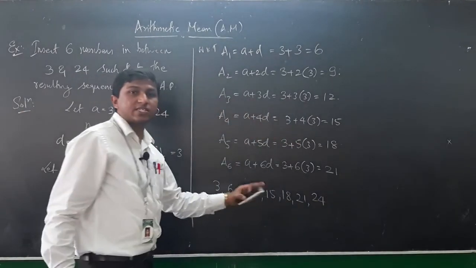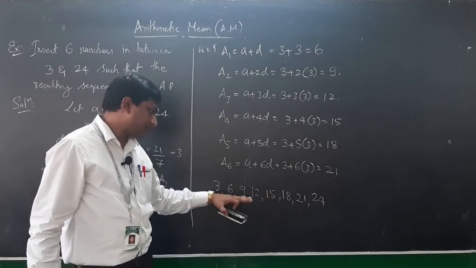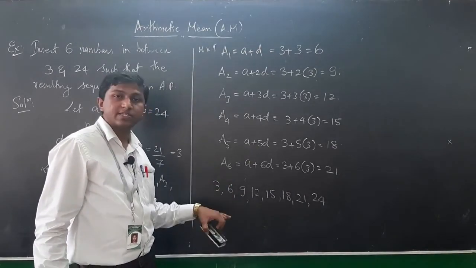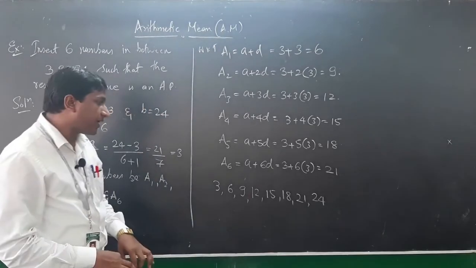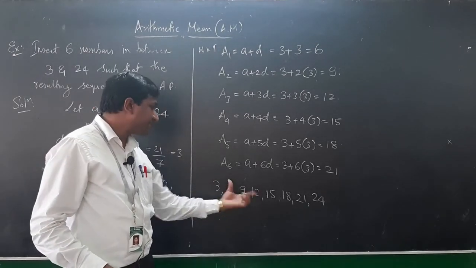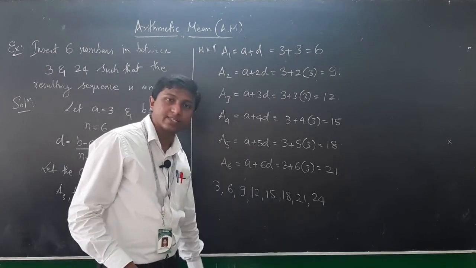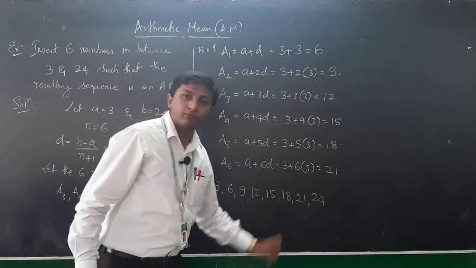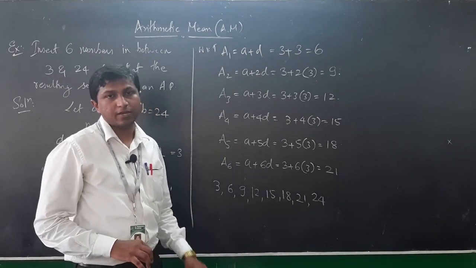You can also see that this sequence is an AP. 6 minus 3 is 3, 9 minus 6 is 3 again, 12 minus 9 is 3 again. So we have inserted 6 numbers in between the numbers 3 and 24 such that the resulting sequence is an AP.